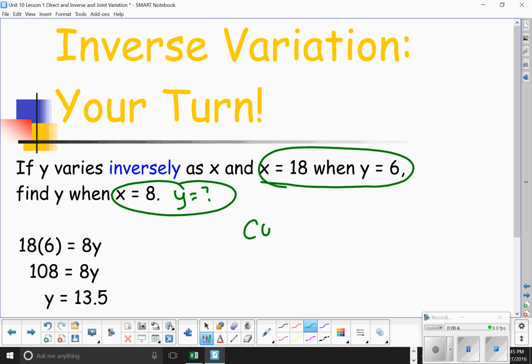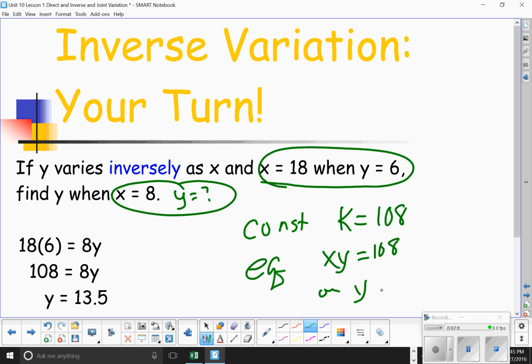The constant k is equal to 108. The equation is y equals 108 divided by x, or xy equals 108. Either one works.